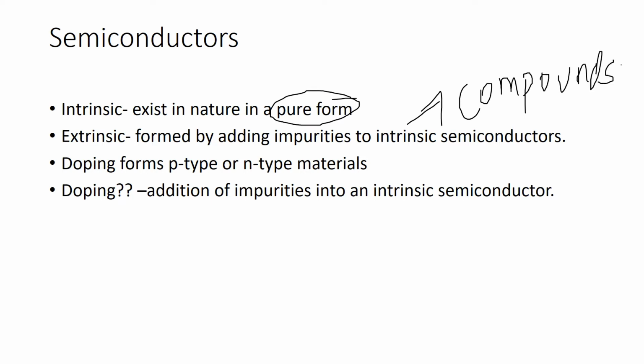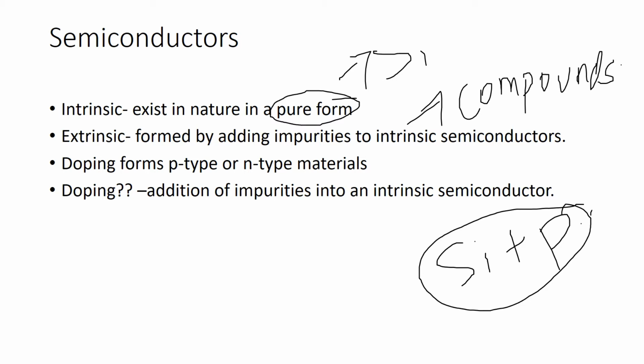So for example, an example of an intrinsic semiconductor is silicon. If you take silicon and you combine it with, say, phosphorus, the compound that is formed by these 2 elements is an extrinsic semiconductor.